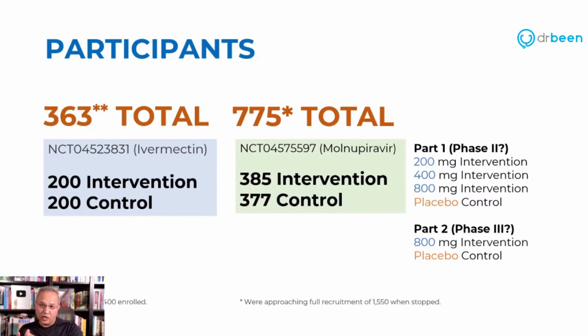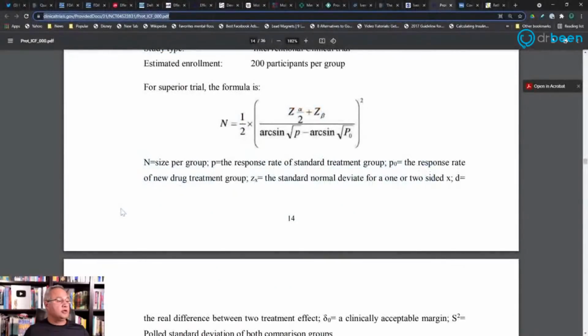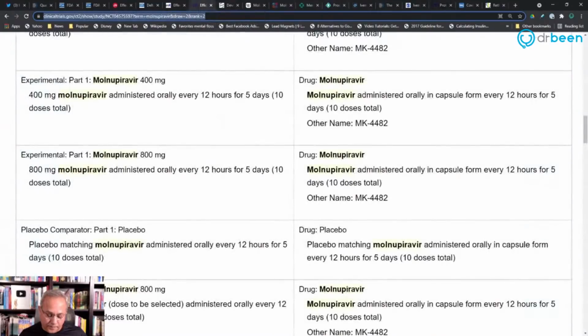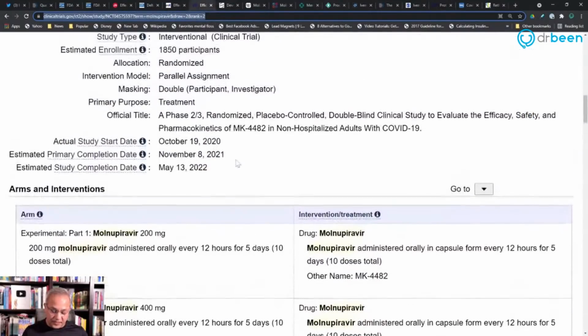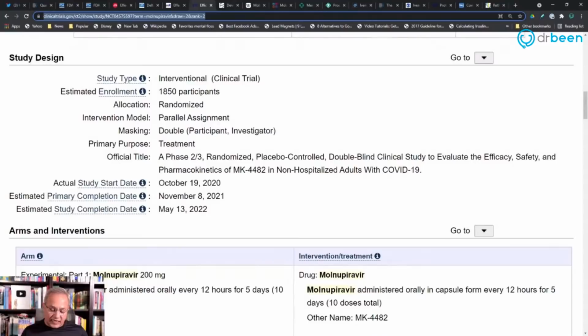On the Molnupiravir trial, they were planning, if you look at the clinical trial site, more than 1,800 participants were planned. So if I go here, if you see here, they said planning was 1,850 participants.